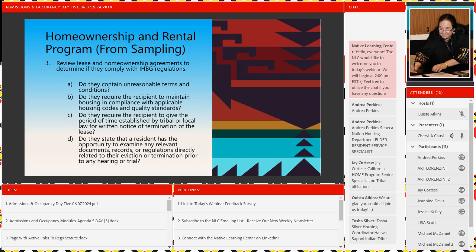Review the lease and the home ownership agreements to determine if they comply with the block grant regulations, to make sure that they don't contain any unreasonable terms and conditions. Do they require the recipient to maintain housing in compliance with the applicable housing codes and quality standards? Do they require the recipient to give the period of time established by tribal or local law for written notice of termination? Remember, I told you about that. Look at your A&O policy. Calendar days, business days.